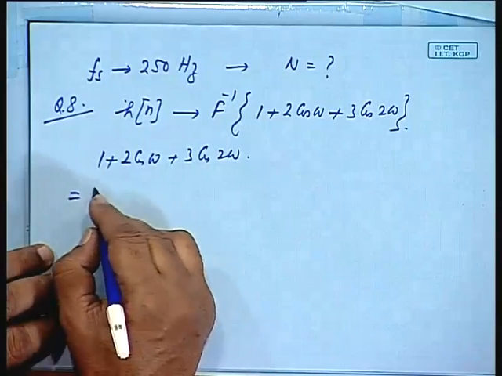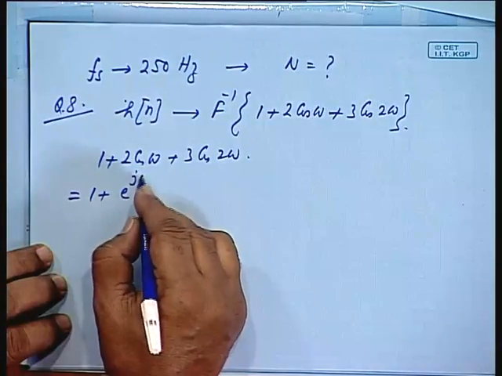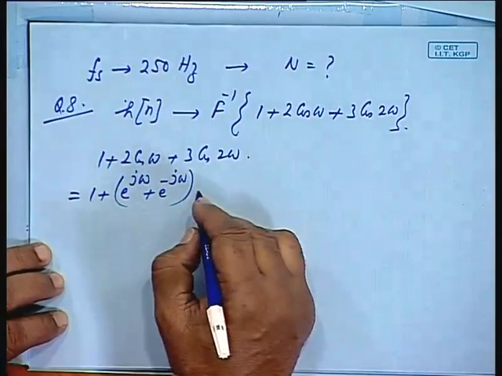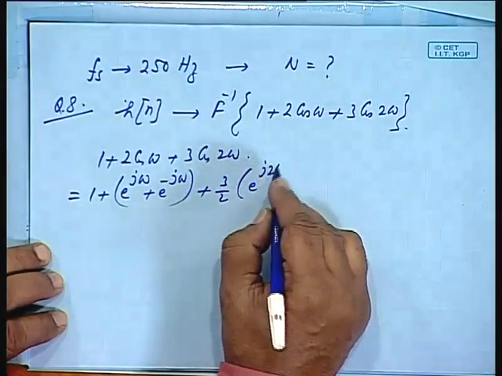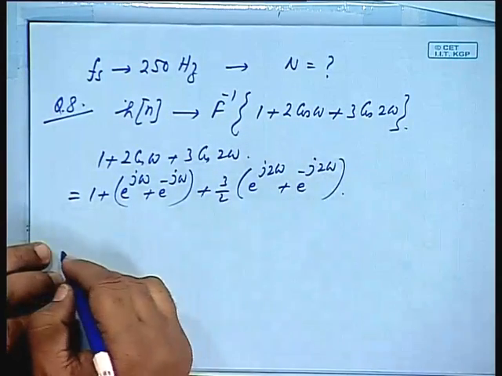So, let us see 1 plus 2 cosine omega plus 3 cosine 2 omega. I can write this as 1 plus twice cosine omega as e to the power j omega plus e to the power minus j omega, plus 3 by 2 e to the power j 2 omega plus e to the power minus j 2 omega.